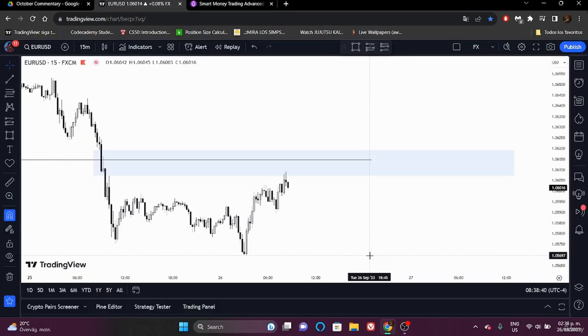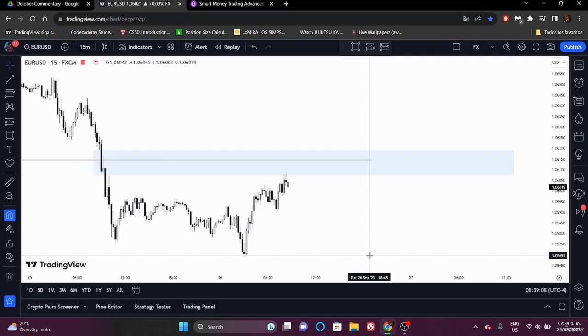Then we're going to be talking about inverse fair value gaps. Then we're going to be talking about CB and BC, which is one kind of fair value gap, just another inefficiency which is bigger than a regular fair value gap, and there are certain rules that we want to see CBs and BCs respect.